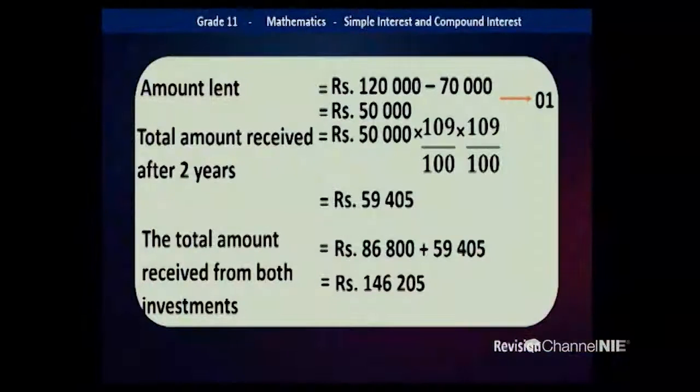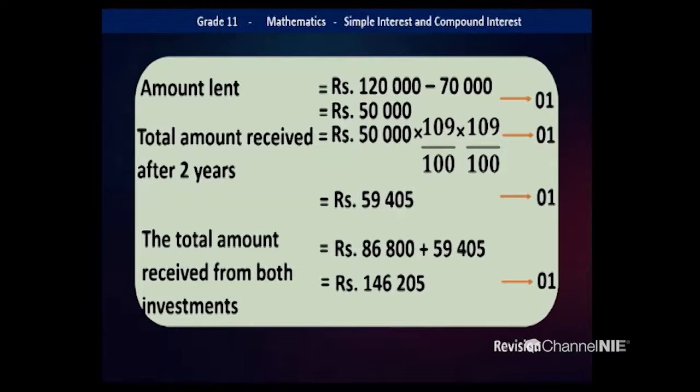Look how they give the remaining 4 marks. Then total amount received after 2 years, that is compound rate 1 mark, method 1 mark, answer 1 mark, right. After that, the total amount 146,205.